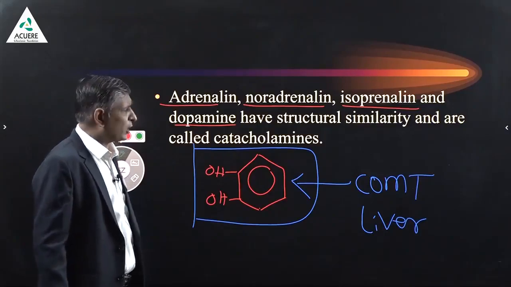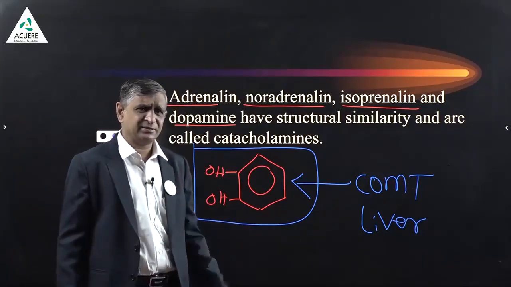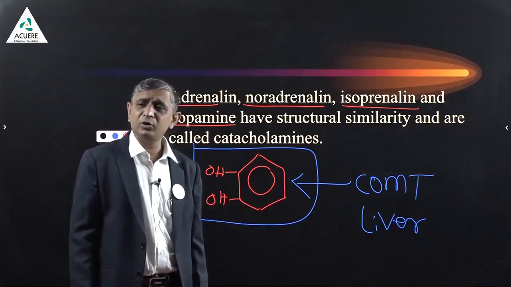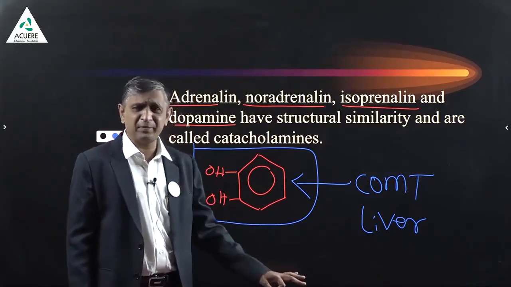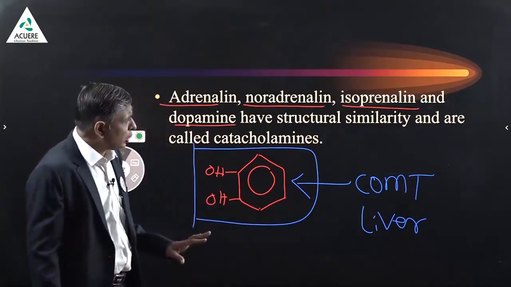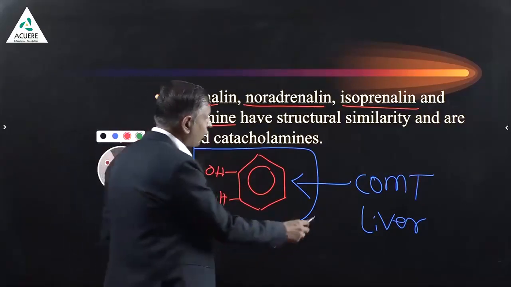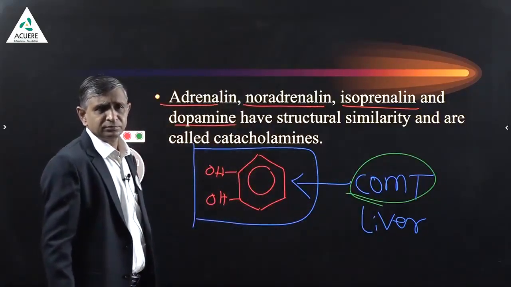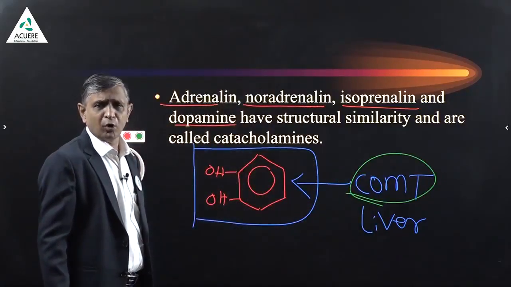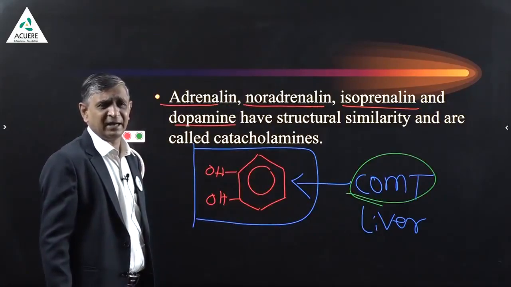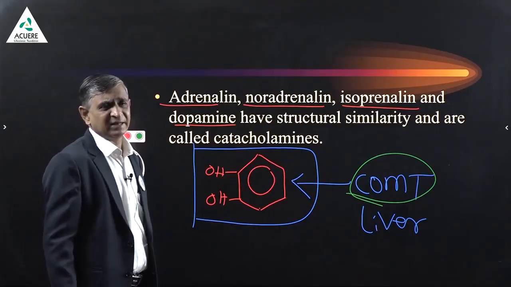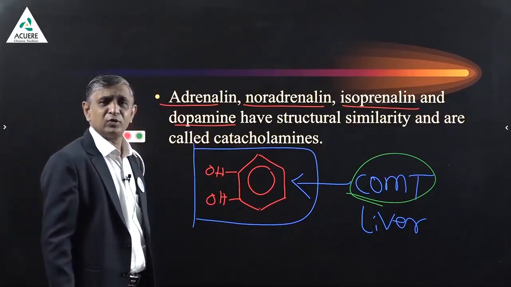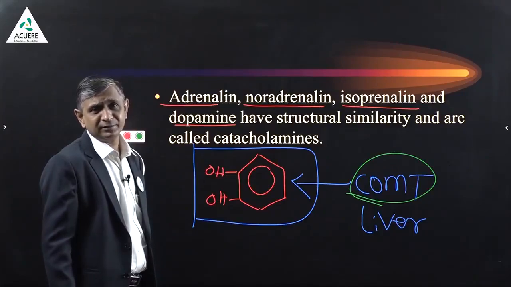If you give them by oral route, even though absorption takes place, they will move to the liver and they will be 100% degraded because the liver is very rich in COMT. Catechol O-methyl transferase is abundantly present in the liver, and that is the reason if you use these drugs by oral route, practically you will get zero bioavailability.